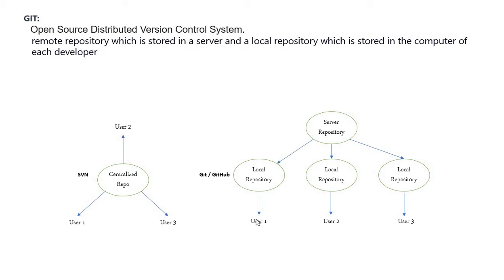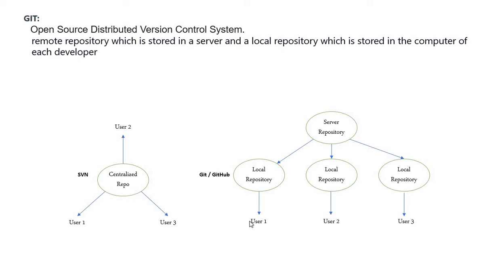In case user 1 is done with all his development for all his stories, he will be committing only to his local repository. He doesn't care whether the server is up or not. So in case the server is down, these 3 users can still continue with their development, and they can still check in.